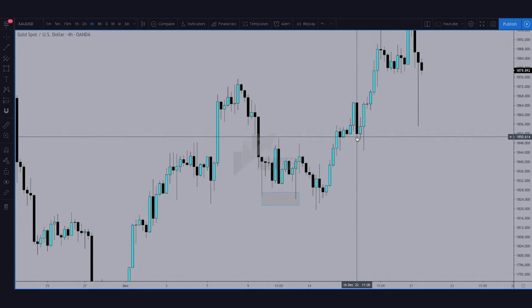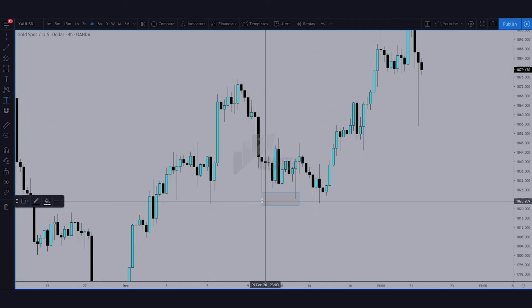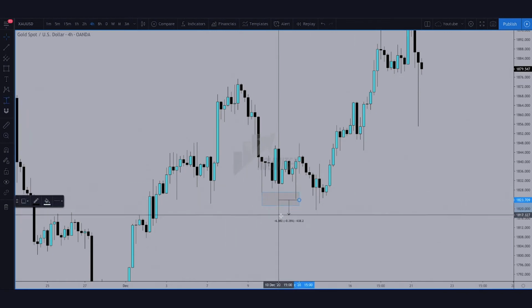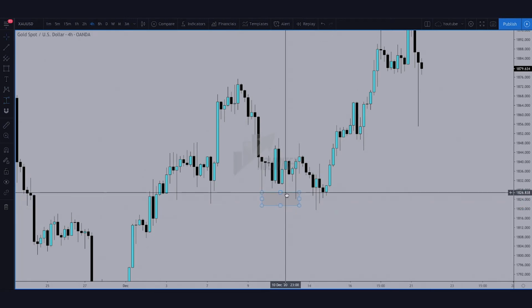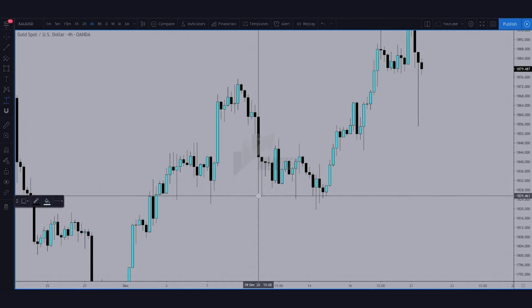Sometimes, like here on the 16th of December, we have a clean double bottom. But this one is still valid because the difference is just, let's move this away, just 3 pips from this low to this, right? It's also really low.